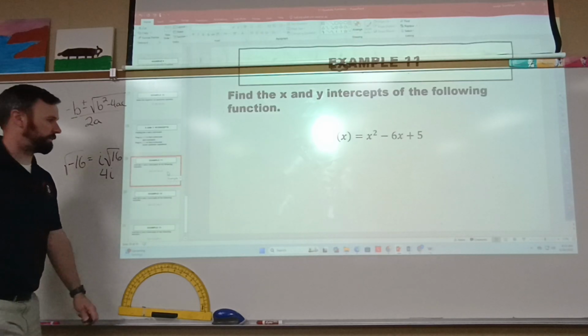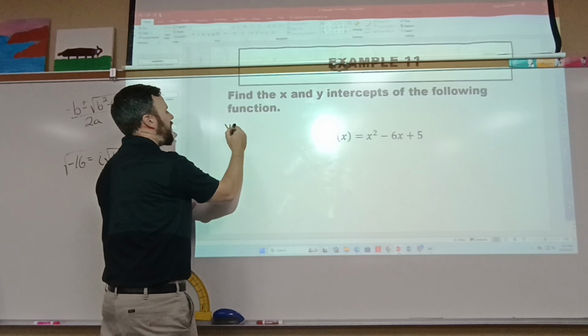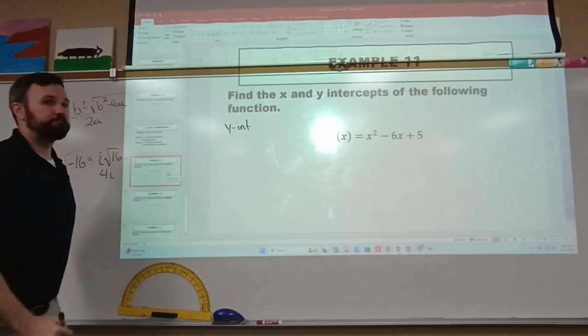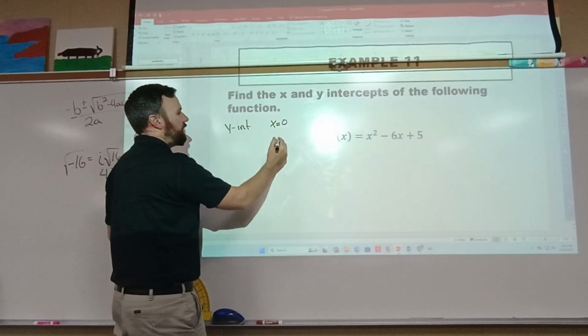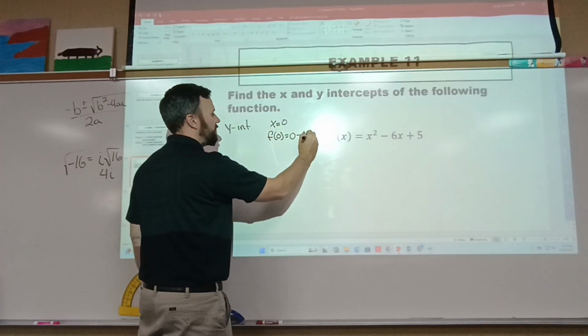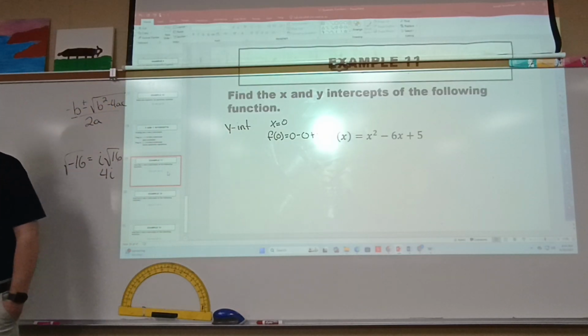Yeah, so tomorrow will be a work day. All right. To find the y-intercept, what do I do on this problem? Set x equals 0, right? So what's f of 0? It's 0 minus 0 plus 5, right? Finding the y-intercept's always very easy.